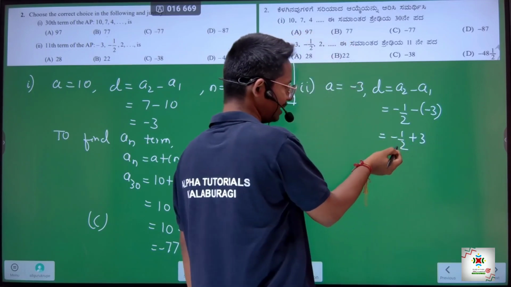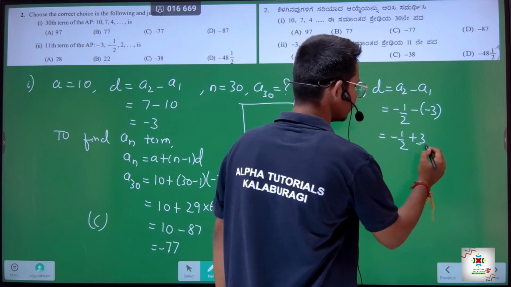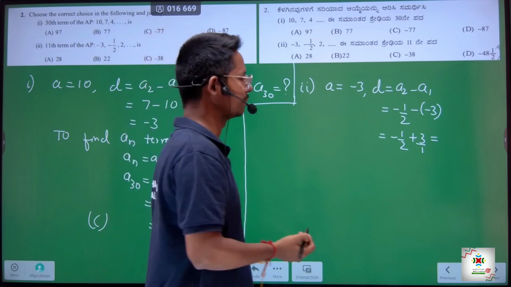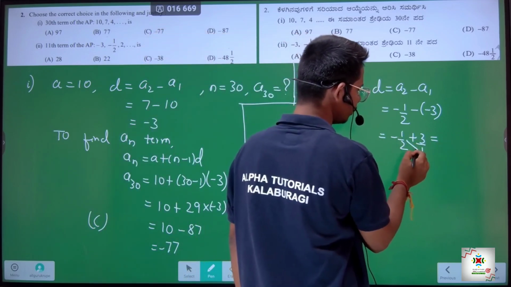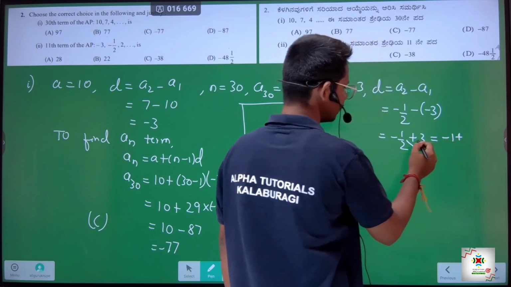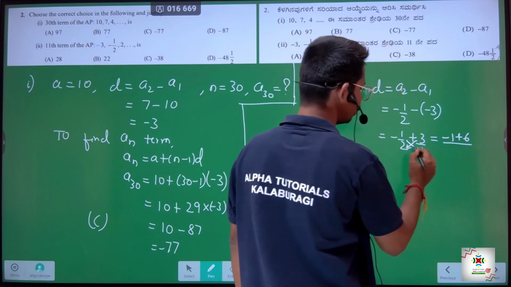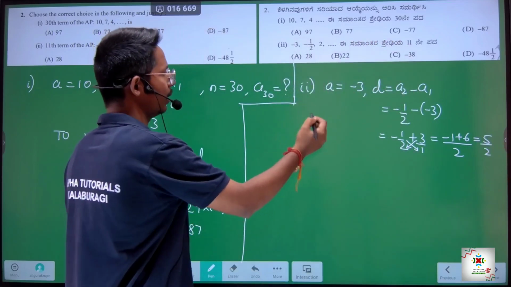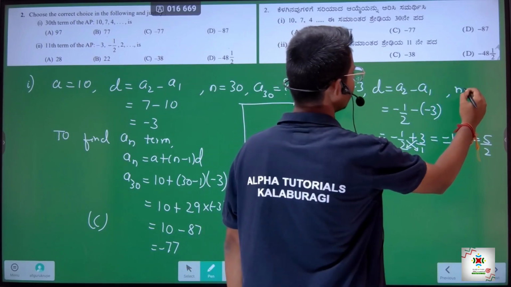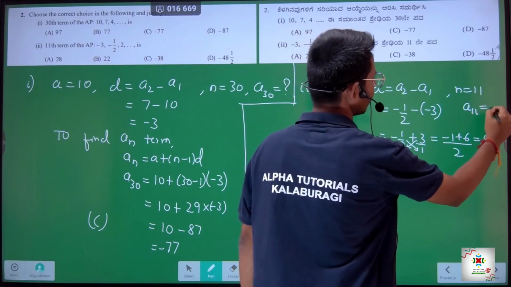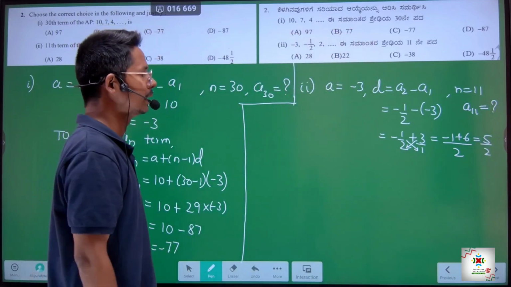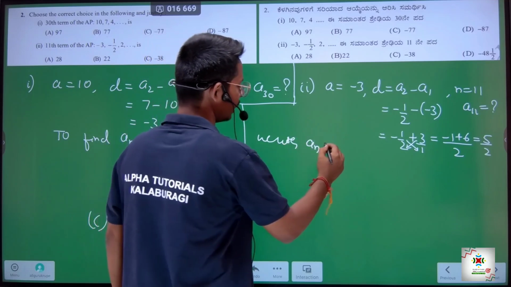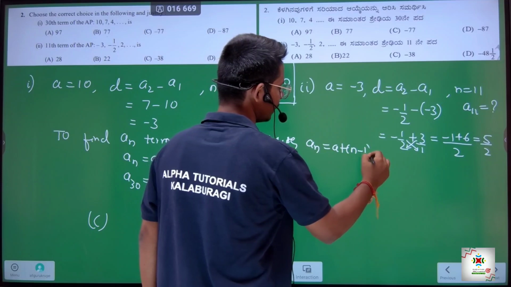If one term is in fraction, the other term I'll also write in fraction. I'll go with cross multiplication, or even you can take the LCM. So cross multiplication: minus 1 into 1 is minus 1, plus 3 into 2 is 6, divided by 2 into 1 is 2, it is going to be 5 divided by 2. Now I'll write the n value, it is 11, and we need to find a11. We use the an formula, an equal to a plus n minus 1 into d.